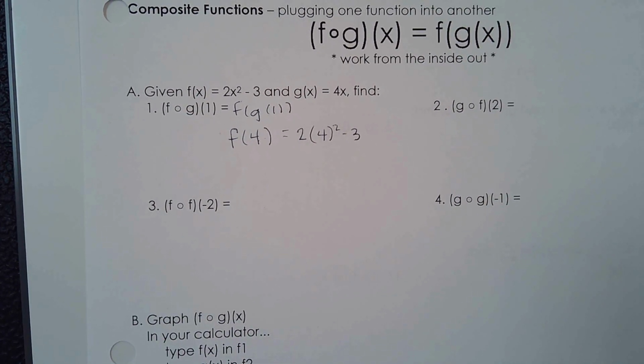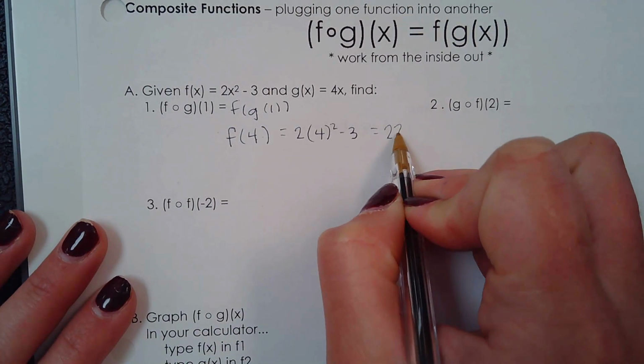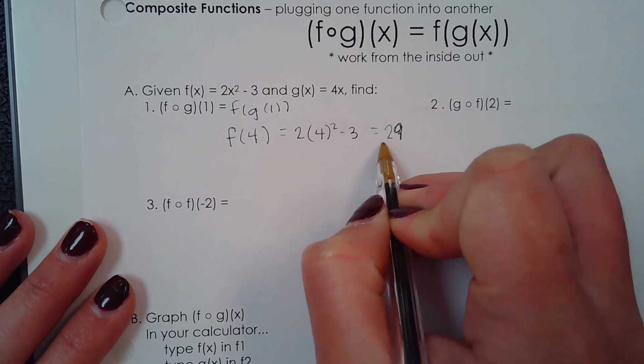Do you have questions yet? Alright, so what is 4 squared? 16 times 2 minus 3, 29. So that whole thing, our final answer would be 29, not 22.